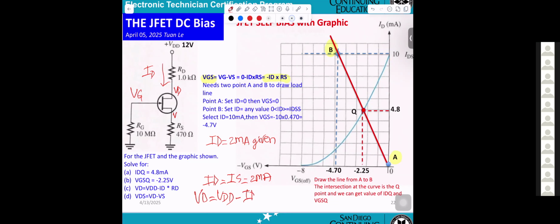Okay, ID times RD. Okay, so that means they must give something else without the graphic to help you solve the problem.